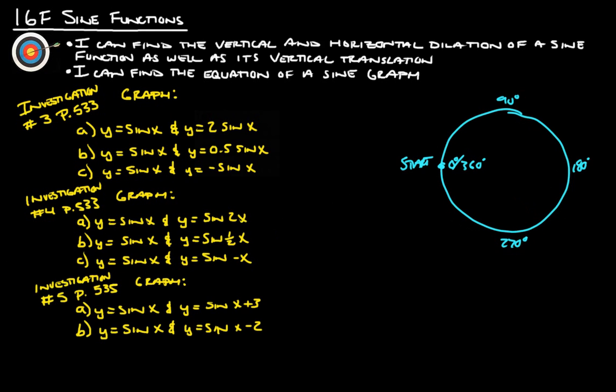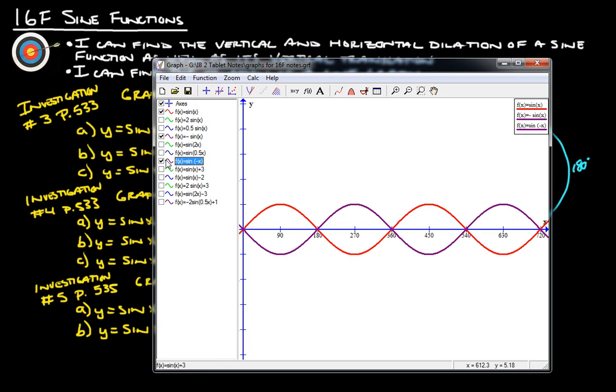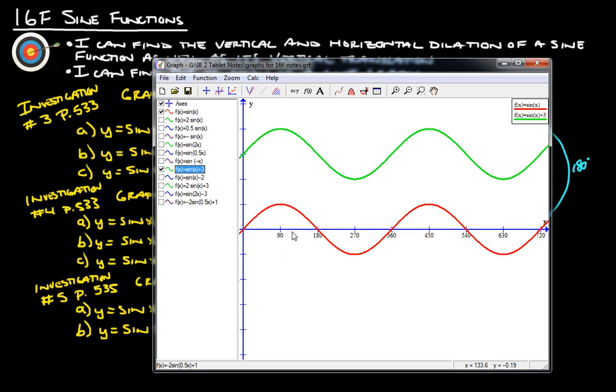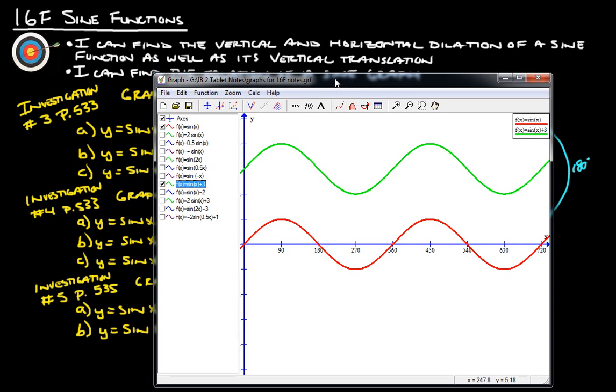Let's take a look at investigation number 5 from page 535. Now we're putting a number after the x. So we're going to add 3 here and subtract 2 on that one. So let's get rid of those. Here's sine x. Sine x plus 3 takes the whole graph and moves it. It doesn't change the amplitude, doesn't change the period, but it changes its vertical placement.